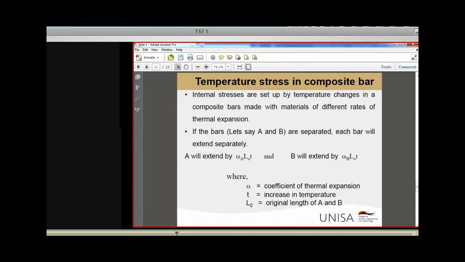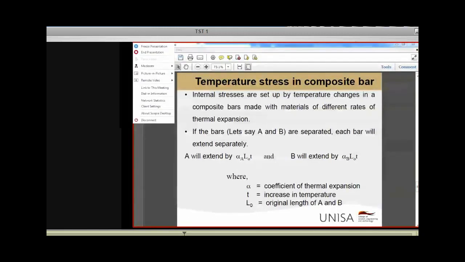If the bars, let's say A and B, are separated, each bar will extend separately. So if you have a composite bar and the bars are not connected together, if they are separated, they will expand differently because they have different coefficients of thermal expansion.